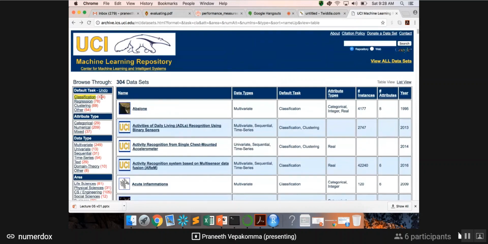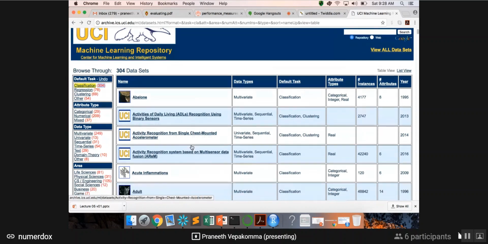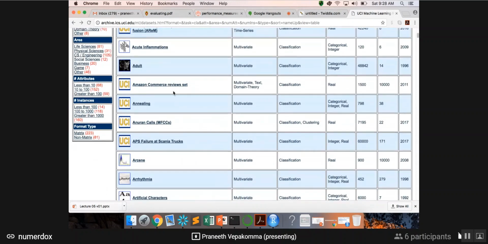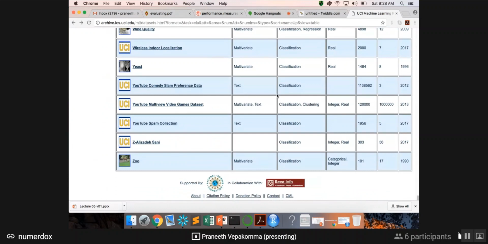Anyway, this has 304 data sets, so you can choose whatever you want. This is activity recognition, another example. You're looking at the person's video or some sensor data from his smartwatch, and you want to say whether the person is running, sleeping, is alive or dead, whatever it is. There is an Amazon Commerce review data set. So many.